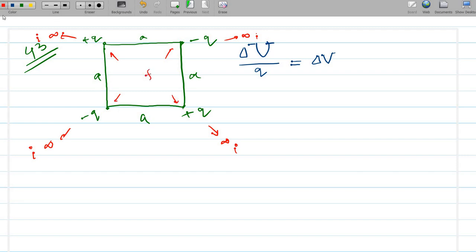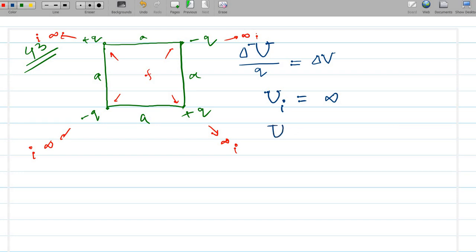The question is, what's the net amount of work? When they were infinitely far away, it required no energy to send them far away, so that should be 0.